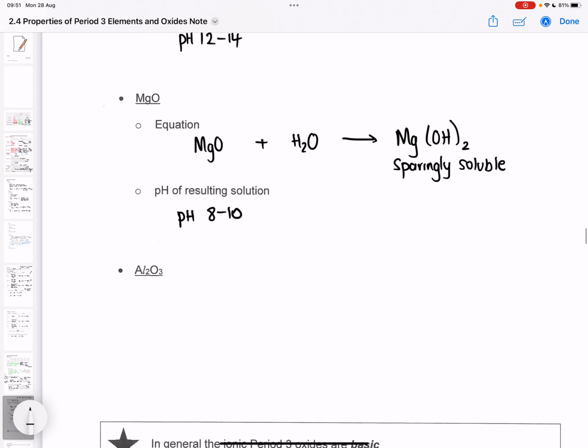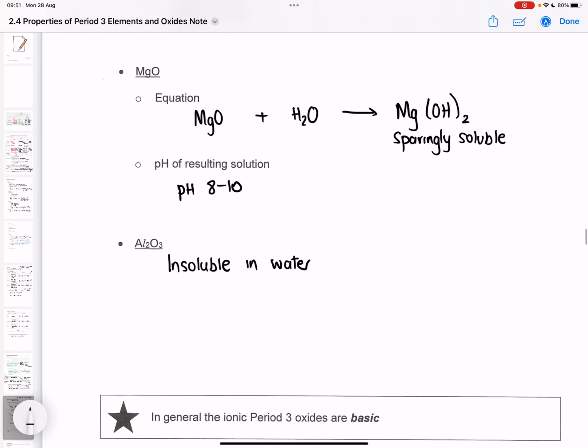Then we've got aluminium oxide, and if you remember from the beginning video, one of the reasons aluminium doesn't react with water is because it has an aluminium oxide layer which is insoluble in water. When we come to talk about aluminium oxide later on, we're going to find out that it is amphoteric, and amphoteric means it can react with acids and bases, or it can act as an acid or a base.